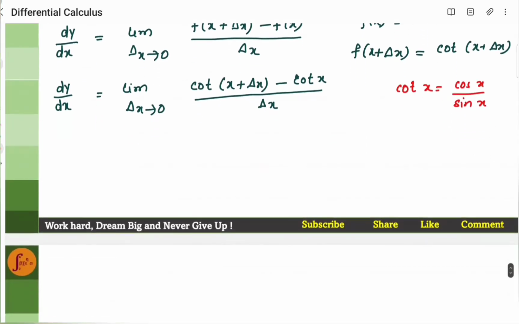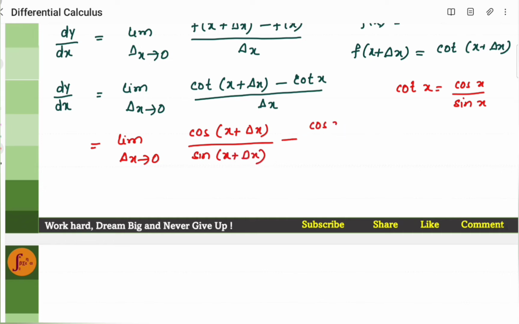So we'll substitute here. So we'll get limit delta x tending to 0, cos of x plus delta x by sin of x plus delta x minus cos x by sin x, upon delta x.